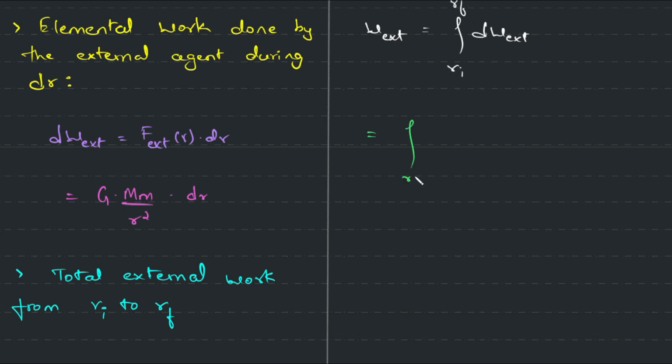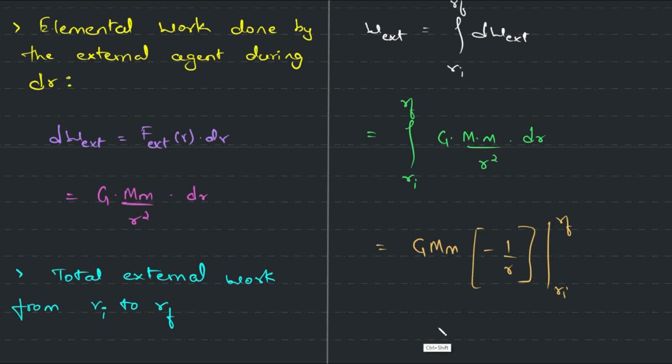And this is G M m by r square dr. So this is G M m, and the integration of 1 by r square is minus 1 by r, between Ri and Rf.